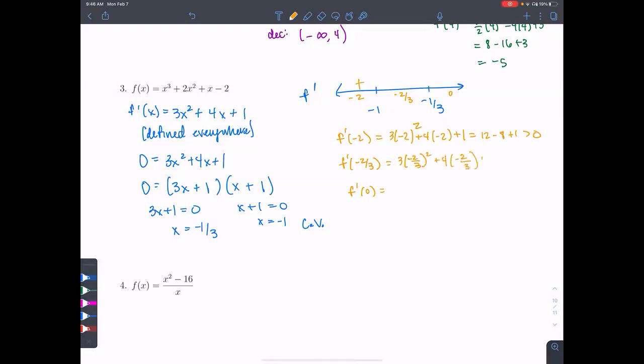Y'all use a calculator. Don't trust me, but this is going to be less than 0. And then if you plug in 0, you have 3 times 0 squared plus 4 times 0 plus 1. That would be positive. So increasing, decreasing, and then increasing again.